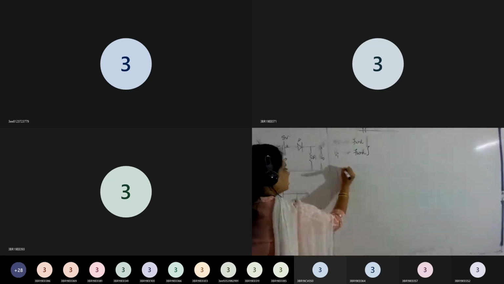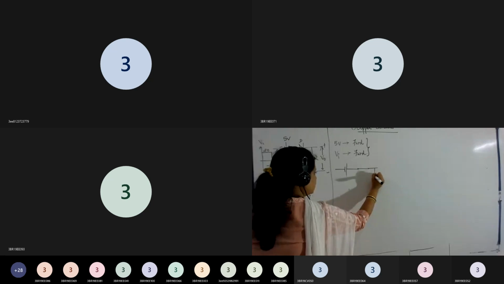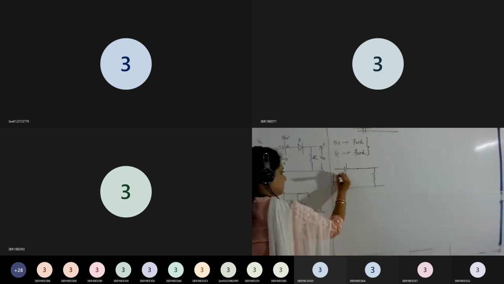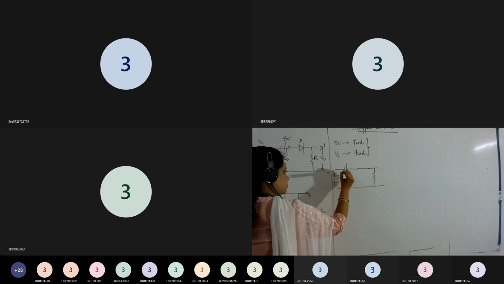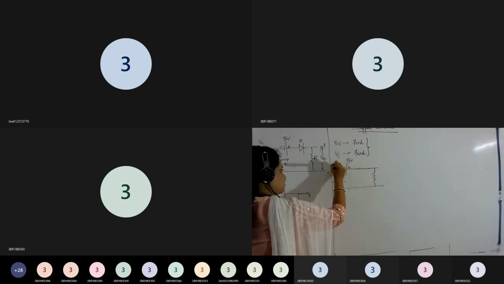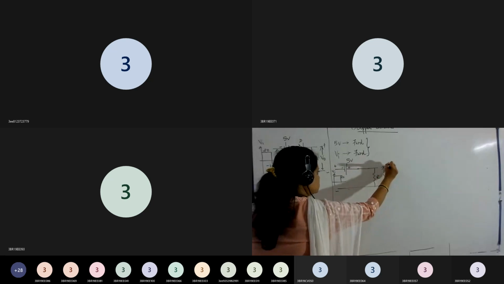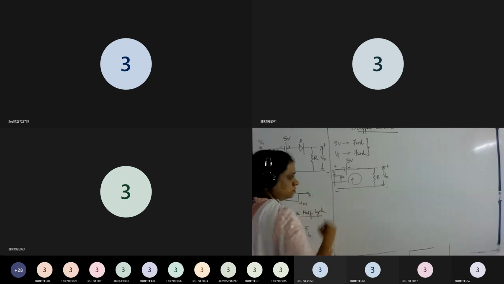We'll draw the equivalent circuit now to know the output voltage. Since the diode is conducting, replace it by a short circuit. So what is V0? Apply KVL.